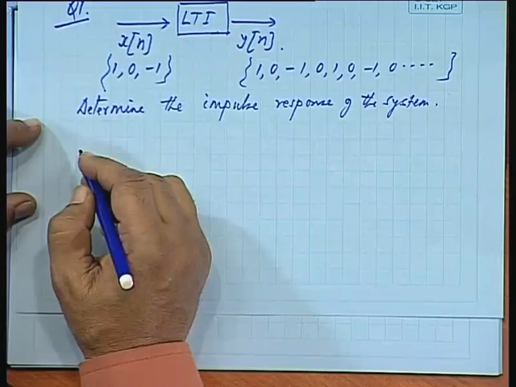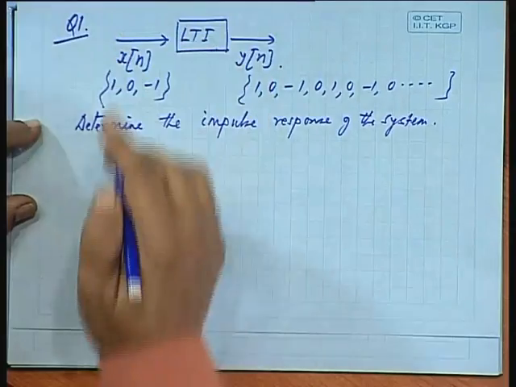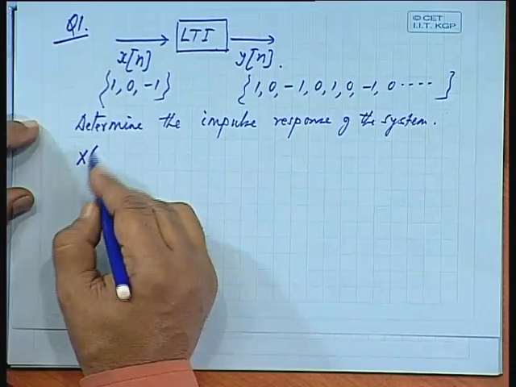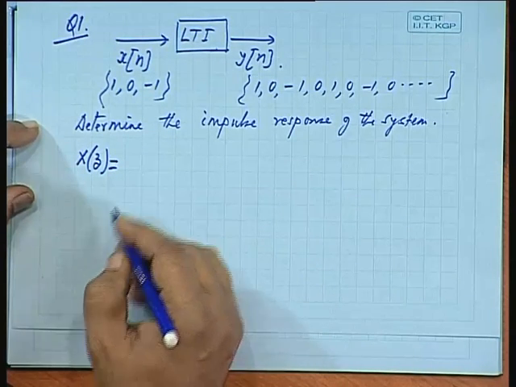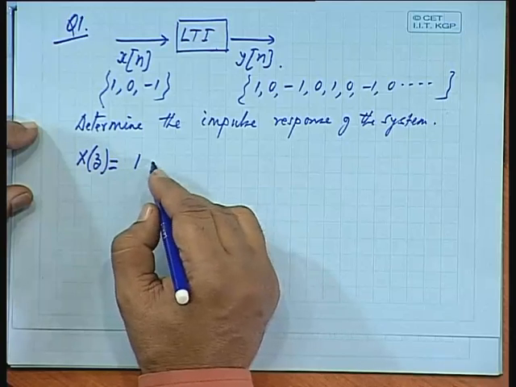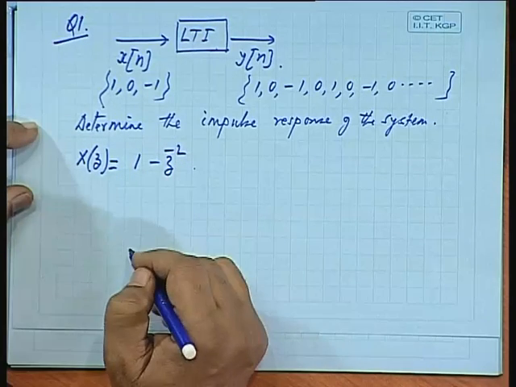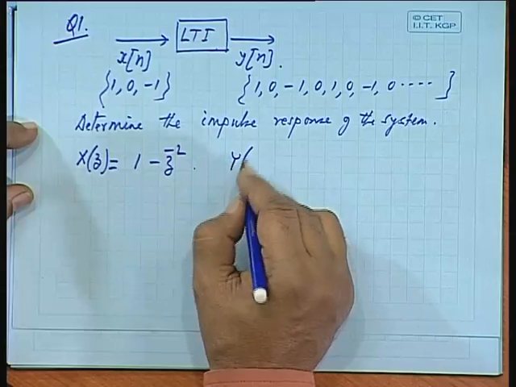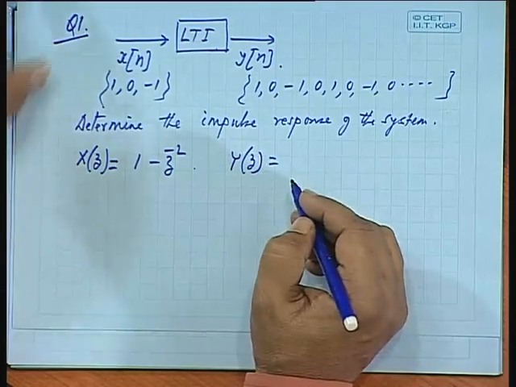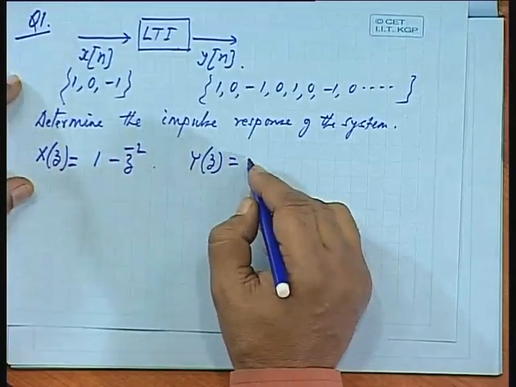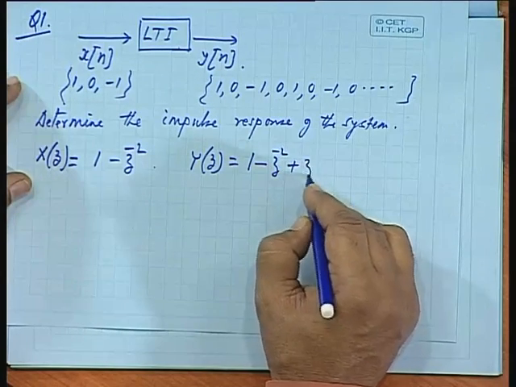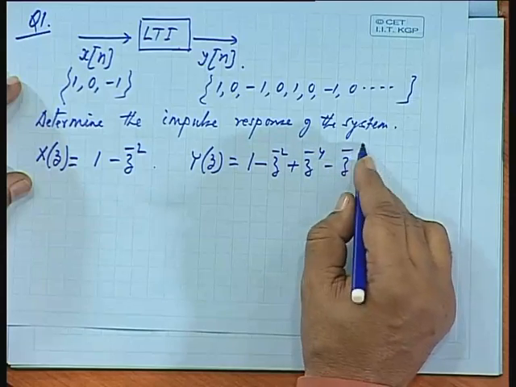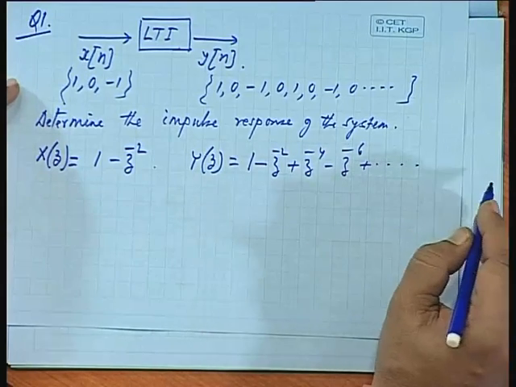Okay. So, let us see, if we apply Z transform, then what will be X(z)? 1 minus z to the power minus 2. What will be the corresponding Y(z)? 1 minus z to the power minus 2 plus z to the power minus 4 minus z to the power minus 6 and so on.